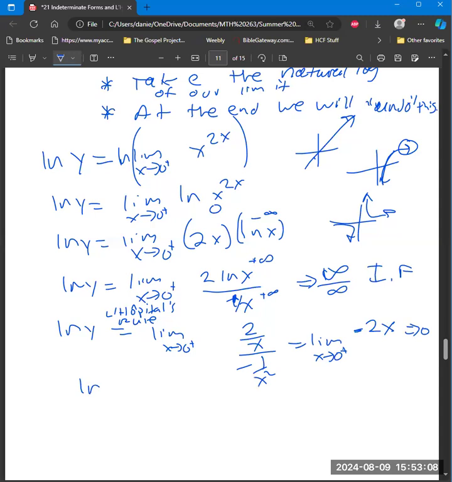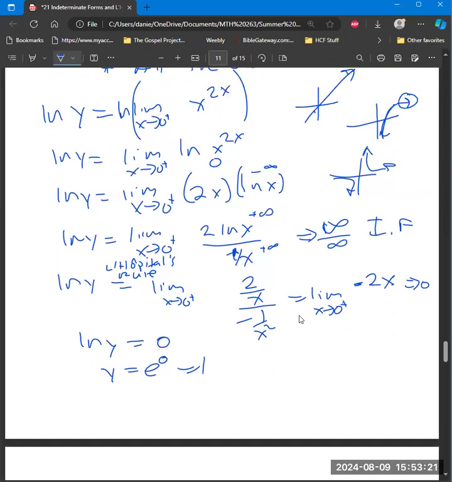So ln of y is equal to 0, making y equal to e to the 0, which is equal to 1. So that makes my limit that I was trying to find, the limit as x approaches 0 from the right of x to the 2x, equal to 1.